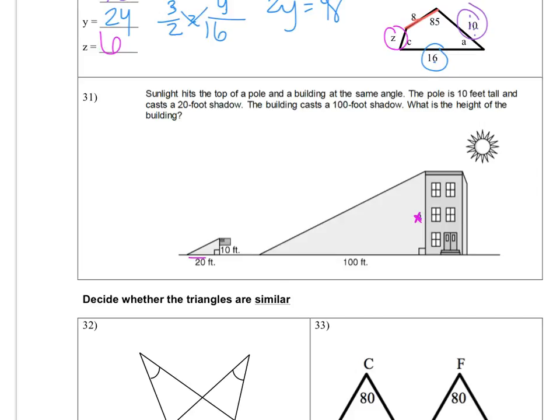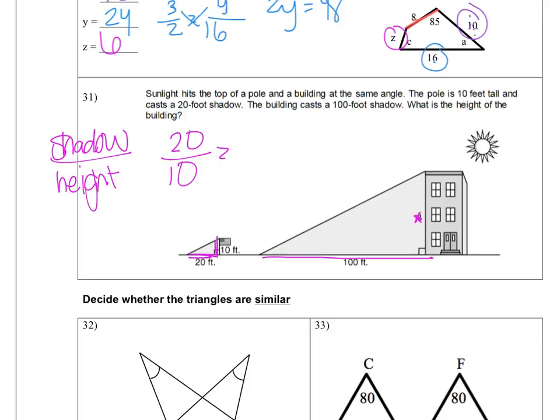So we're going to do the shadow over the height. So the shadow of the flag is 20 over the height is 10. That has to equal the shadow of the building, which is 100, over the height, which we're trying to find, which is x.